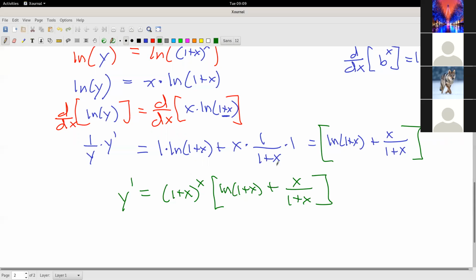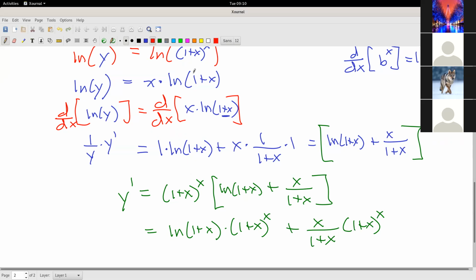So next I'm going to distribute that through. So then I get, I'm going to write it as natural log of 1 plus x times 1 plus x to the power x plus x over 1 plus x times 1 plus x to the power x.